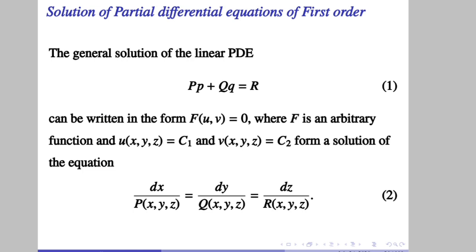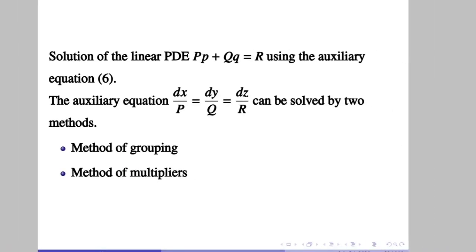First we form an auxiliary equation dx by P is equal to dy by Q is equal to dz by R. This is called the Lagrange auxiliary equation, because Pp plus Qq is equal to R is a Lagrange equation.